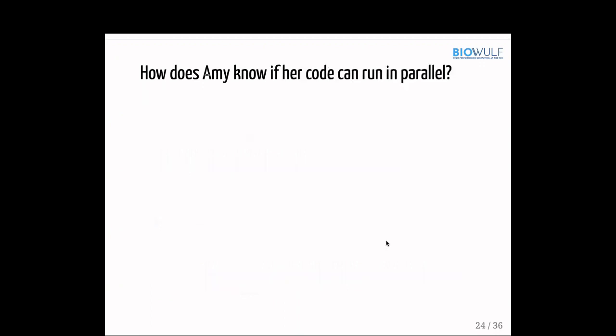All right, is there any way Amy can know if her code can be run in parallel? There are different levels of parallelization. For example, multiprocessing, as you mentioned before, like using Swarm, is multiprocessing. And then there's multi-threading, which is normally a built-in function.